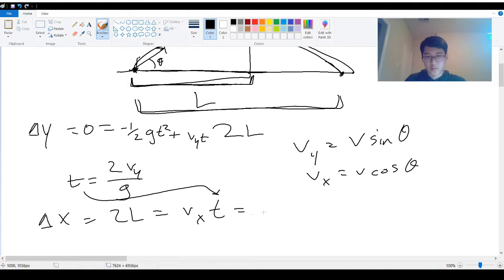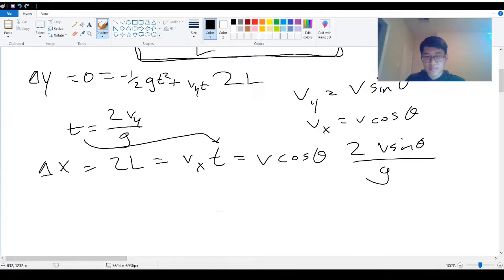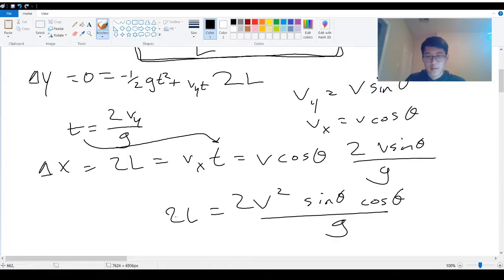So this is v cosine of theta, and then plug in t, which is 2 times v sine of theta over g, right? So that gives us 2L is equal to 2 v squared sine theta cosine theta, divided by g.